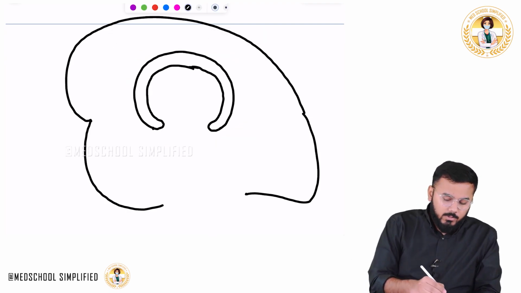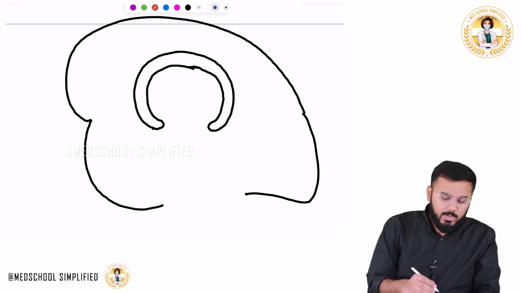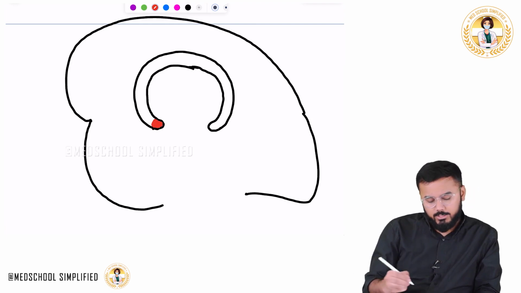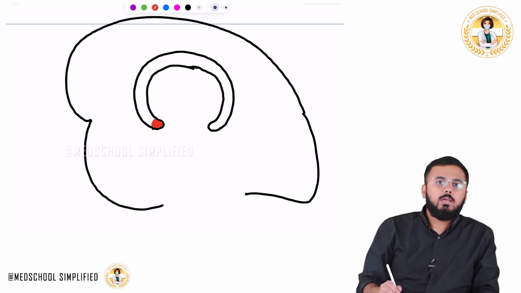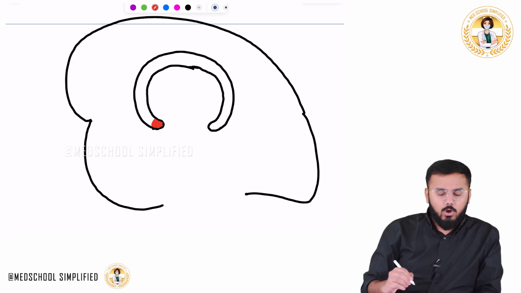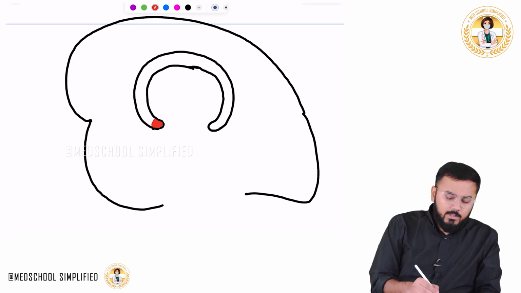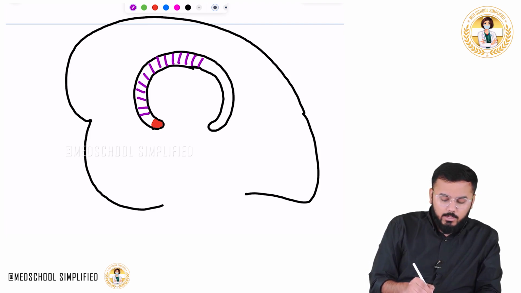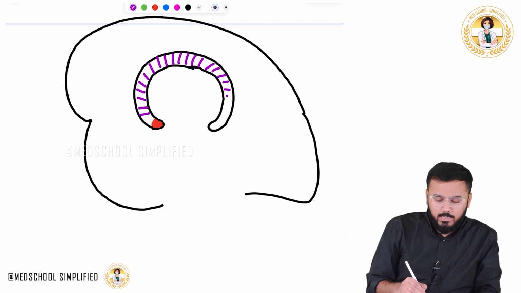The next important thing you need to know is that anteriorly you have a very important structure, called the genu of the corpus callosum. After the genu, this particular structure located here is called the body or the trunk of the corpus callosum.